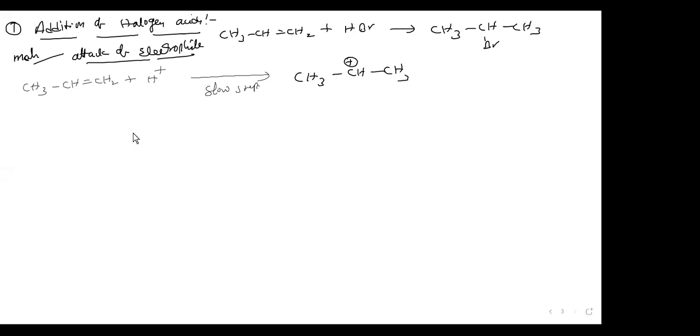Now, in this step, there is a possibility of a transition state. What is that? CH3, CH, single bond, CH2. Here there is an attack of H. This is a partial symbol, and this one will be partially plus.